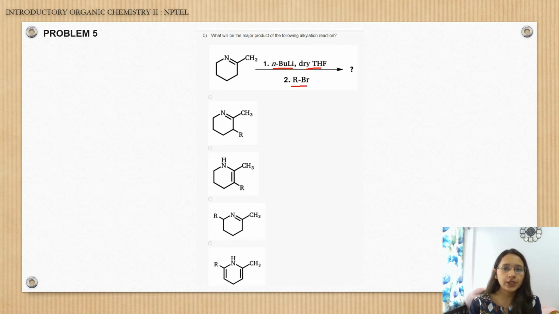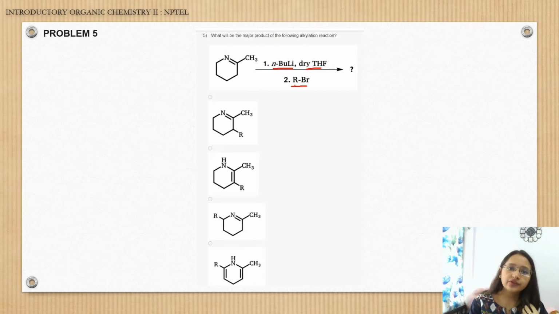So now from the first step you have to look out which of the protons is so acidic that it will be abstracted. Butyl lithium is a base, so it will abstract a proton, and the anion which is formed will attack this RBr. Okay, this is the second step. Don't worry about it.